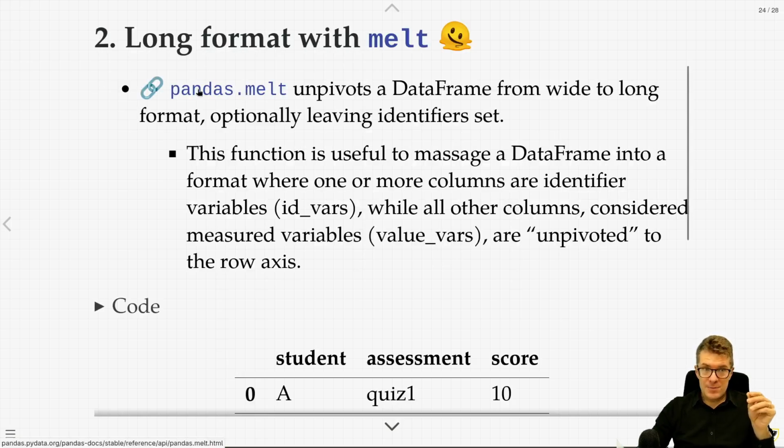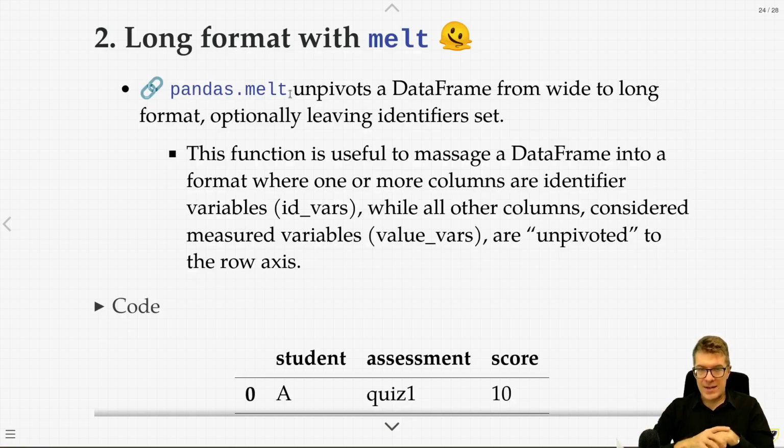This melt function, which you can learn more about at this link, unpivots a data frame from wide to long. And it can optionally leave the identifiers set. This can be helpful if you want to massage a data frame into a format where more columns are what we call identifier variables, like id_vars here, and we can use those for grouping.